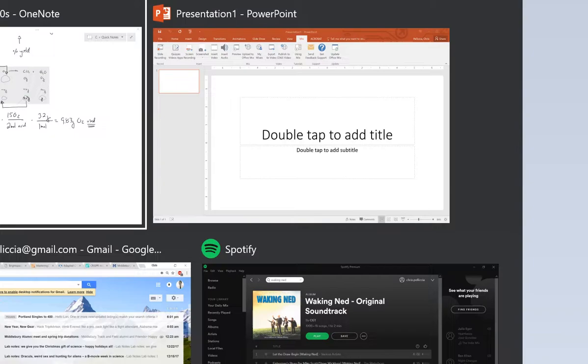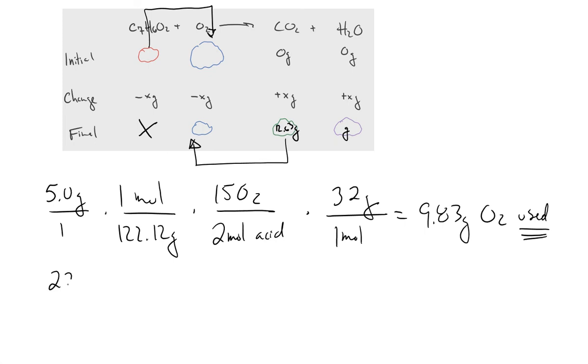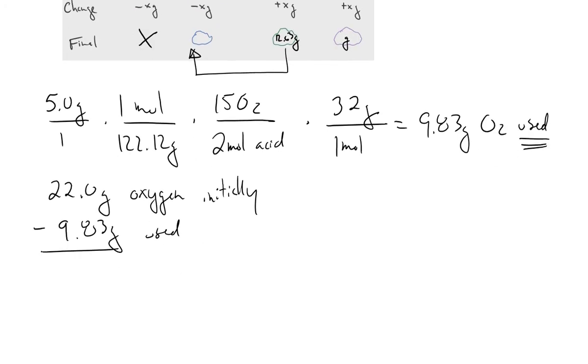Remember from the problem that we had 22 grams of oxygen initially? We just determined we used 9.83 grams. So doing a little bit of subtraction reveals that 12.2 grams of oxygen remain. That's the third part of the problem.